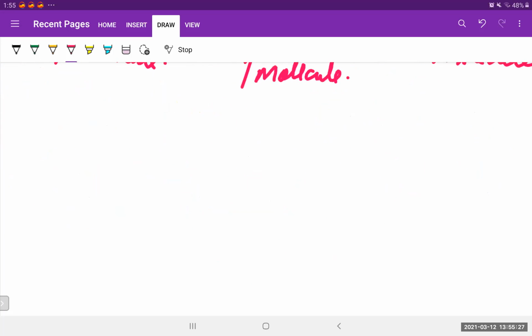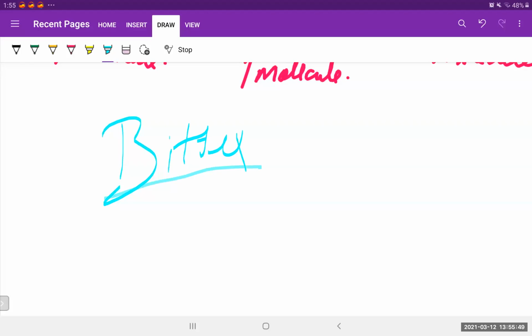Now let's come to the properties of bases. The properties are not in the syllabus, but you should know them, so we'll just describe them orally. We'll not dive into the chemical properties, just the physical properties. We all know that acids were sour in taste, but bases are bitter in taste.